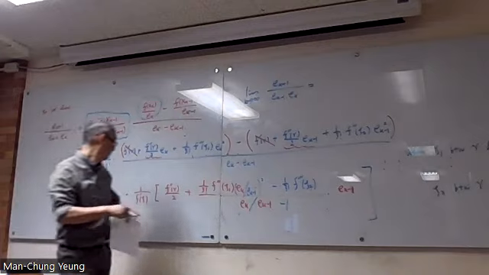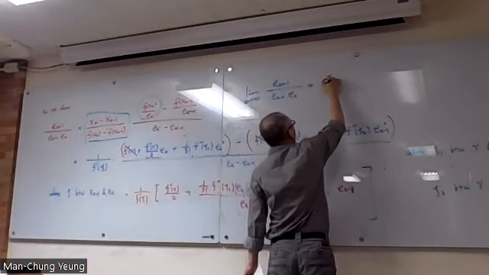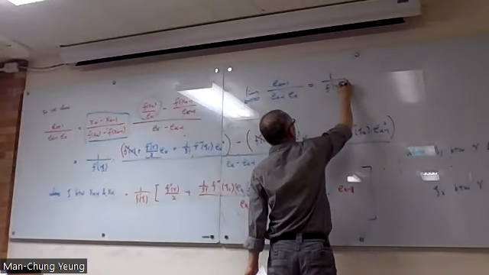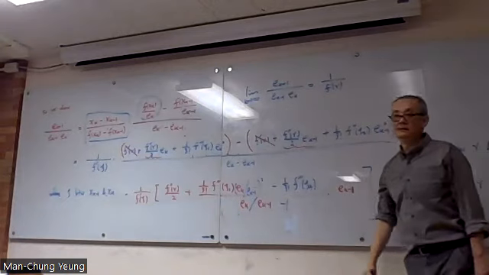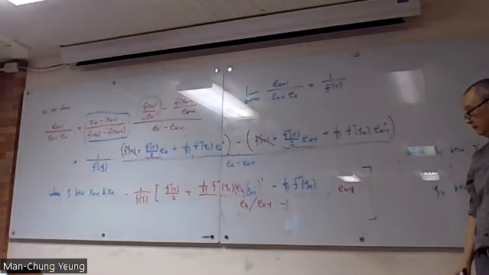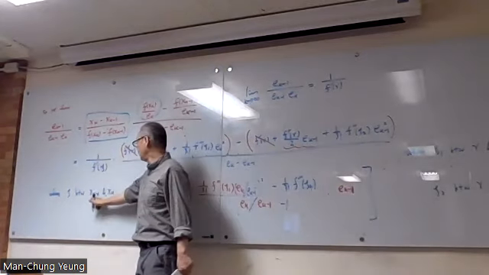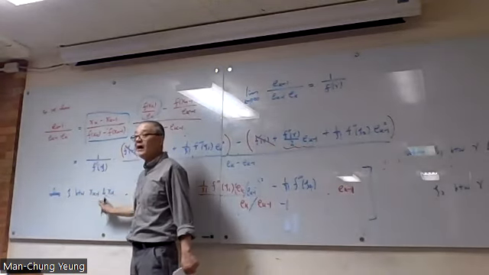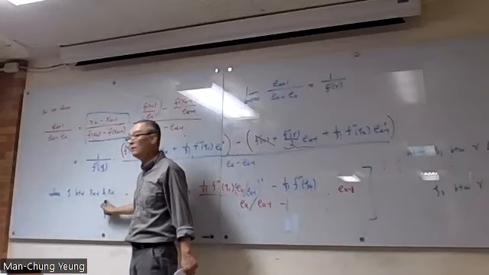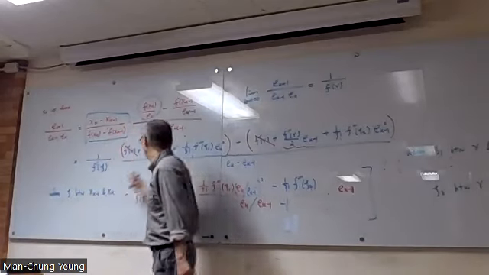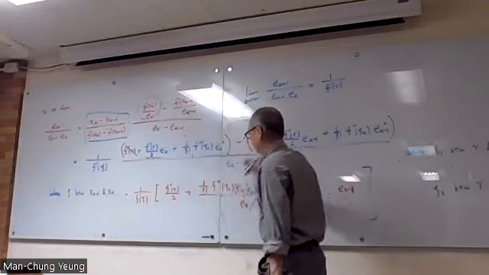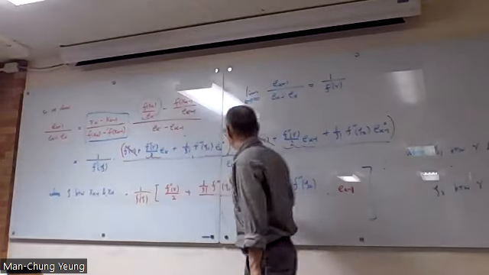So this is 1 over f'(r). This is between these two guys. We assume x_k approaches r, so xi approaches r.